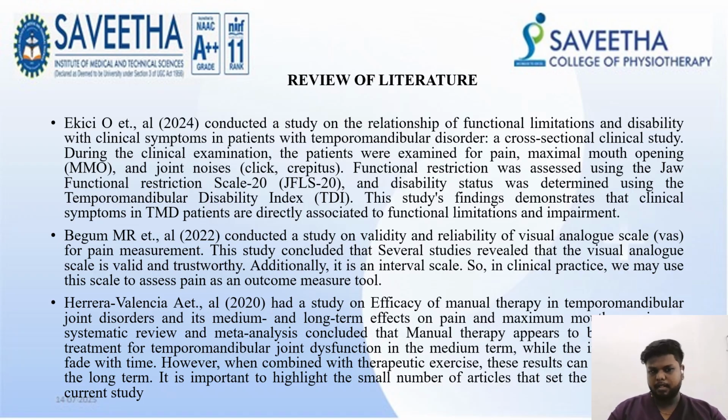So they were assessed using the jaw functional limitation scale, mostly for functional disabilities assessed in the temporomandibular joint, and they also used the TDI, temporomandibular disability index. This study finding demonstrates that clinical symptoms in temporomandibular patients are directly associated with functional limitation and impairment.